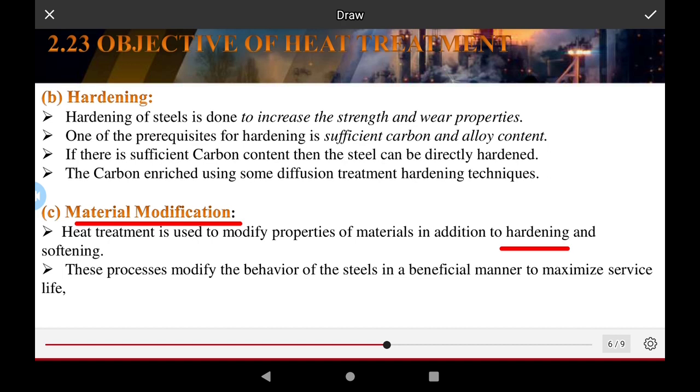These processes modify the behavior of the steels in a beneficial manner, maximizing the service life of steel equipment.